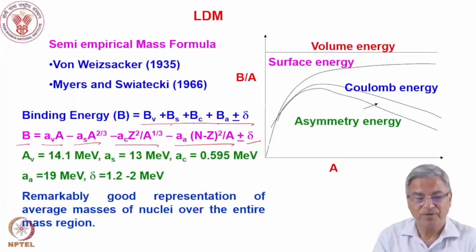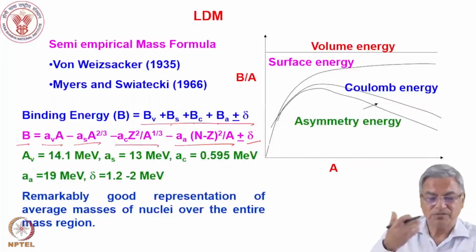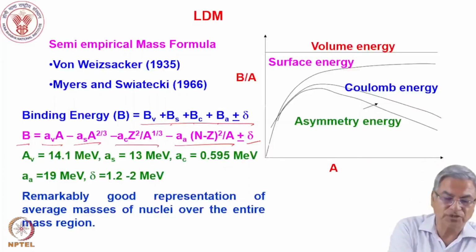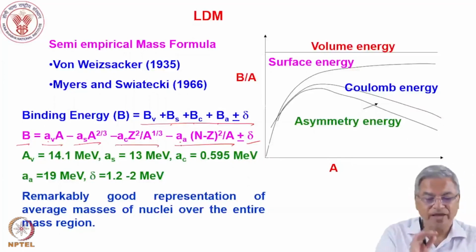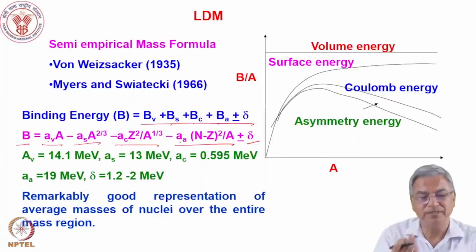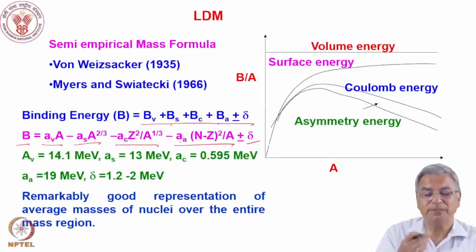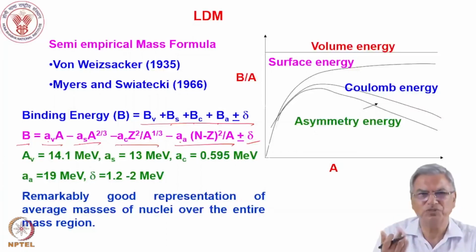Now there are 5 constants: AV, AS, AC, AA, and delta. These 5 constants have been determined empirically from experimentally known masses. Masses have been obtained using mass spectrometers and different other formulations.